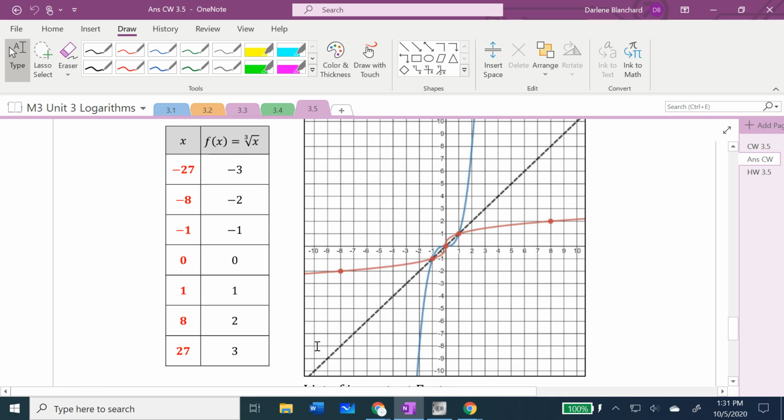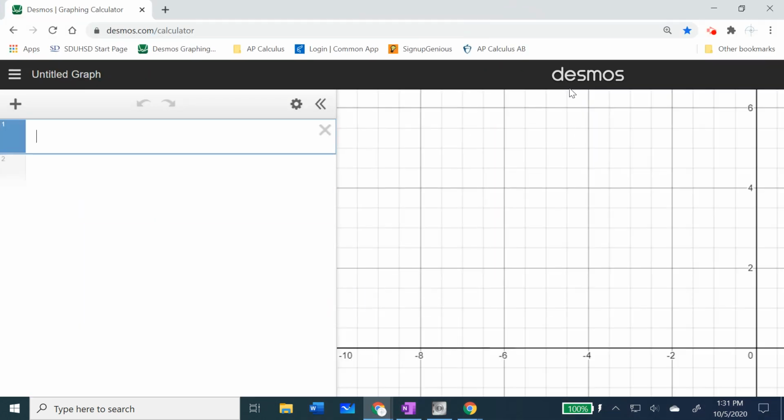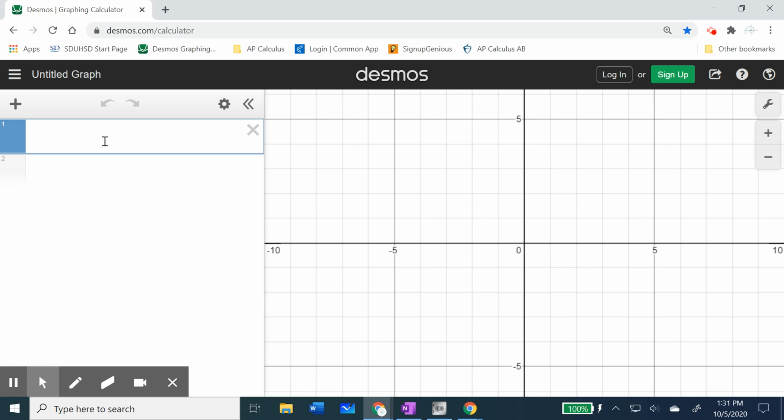And then I have a dashed line for y equals x. And then in red, you can see the cube root. And if you're having trouble seeing the different colors, let me grab a Desmos and show you what it should look like.